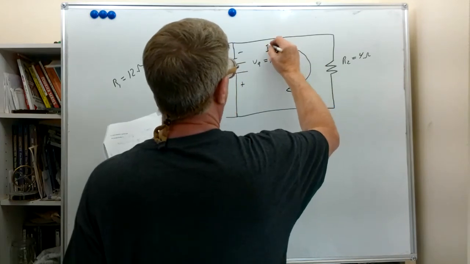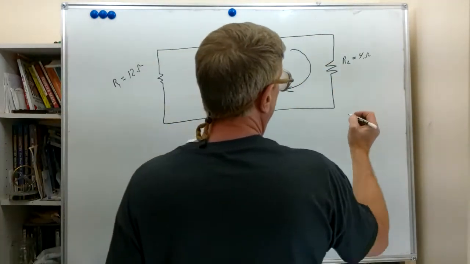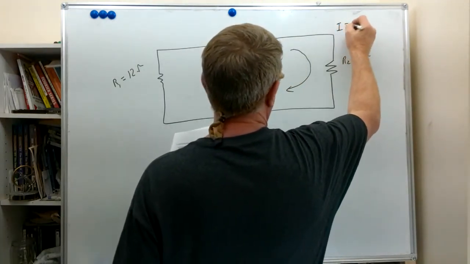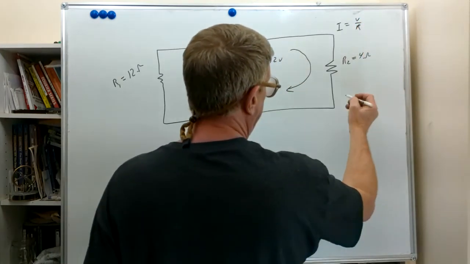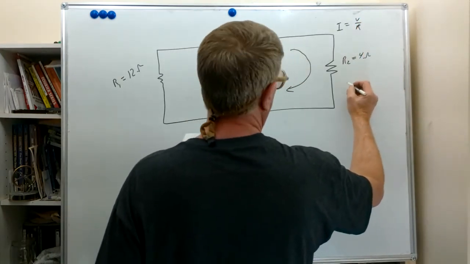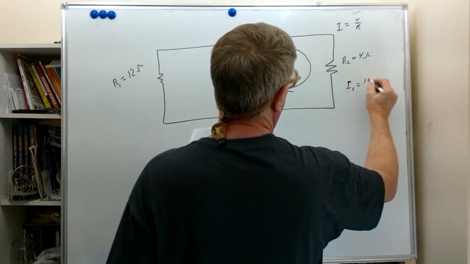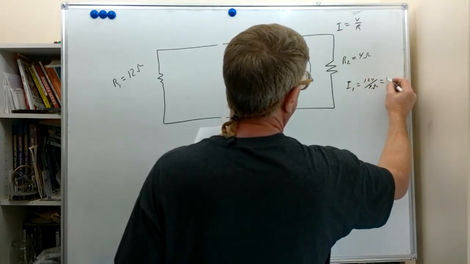And we'll call this I1, current through branch 1. And of course we have our Ohm's law, which is basically I is equal to voltage divided by resistance. So on this side we have I1 equals 12 volts divided by 4 ohms, which gives us 3 amps.